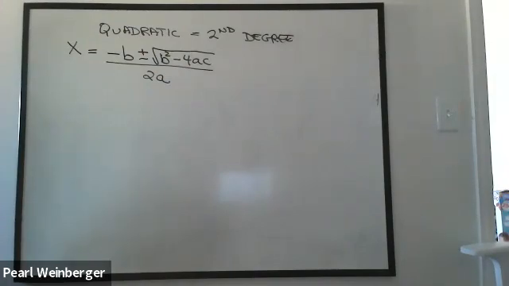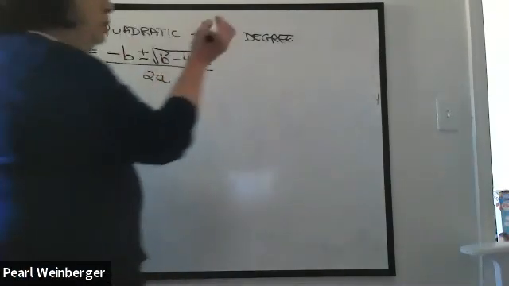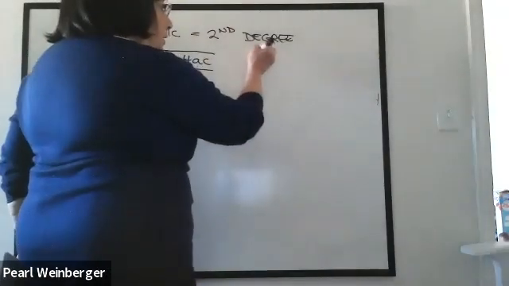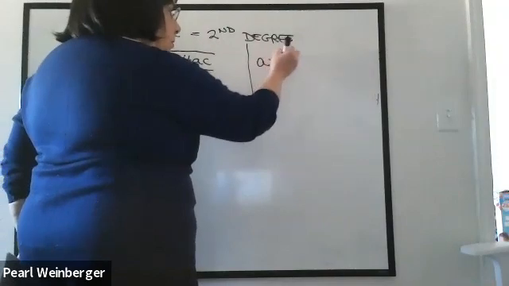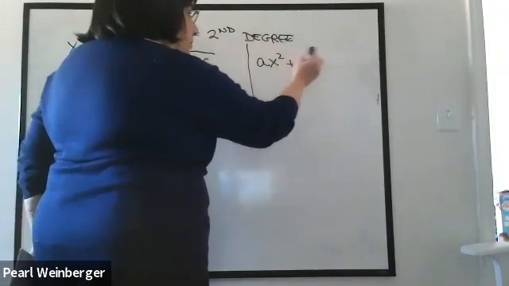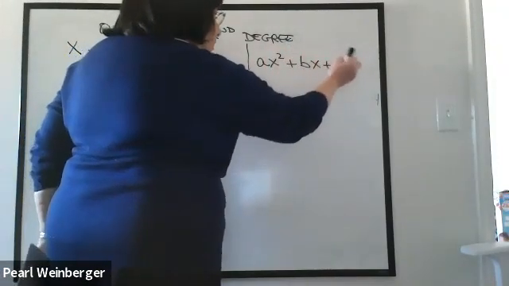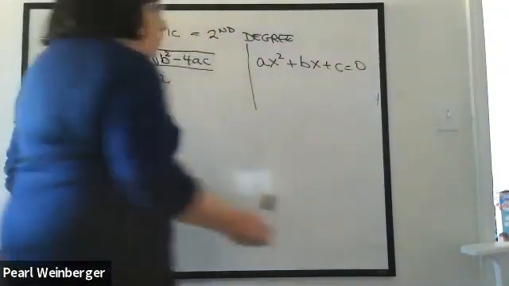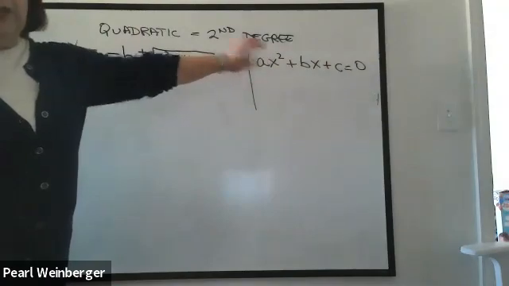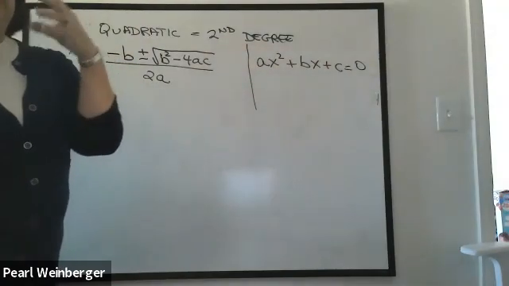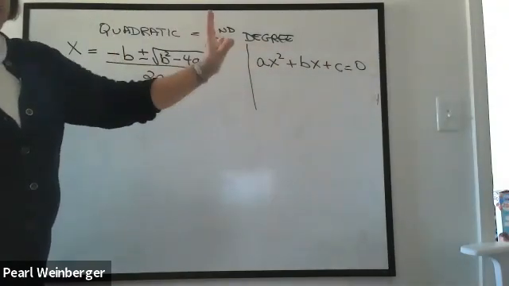Now, where do I get this a, b, and c? First of all, any quadratic equation is of the format ax squared plus bx plus c equals 0. Whenever we have a quadratic equation, which we recognize because it has an x squared, we want to get that equation equal to 0.